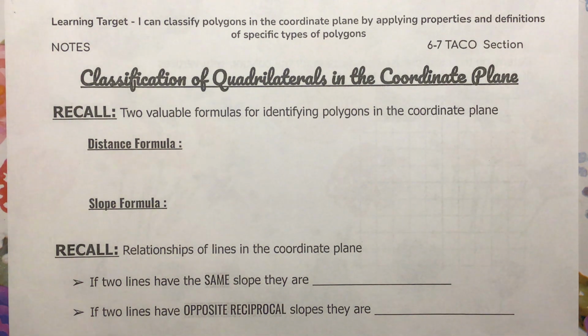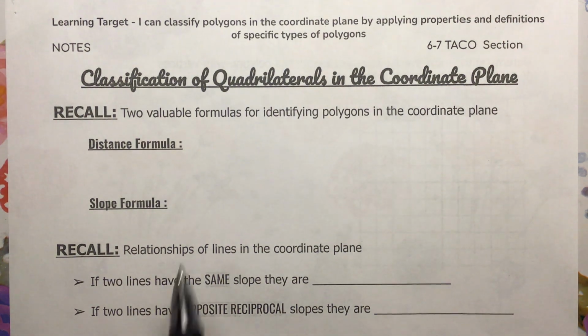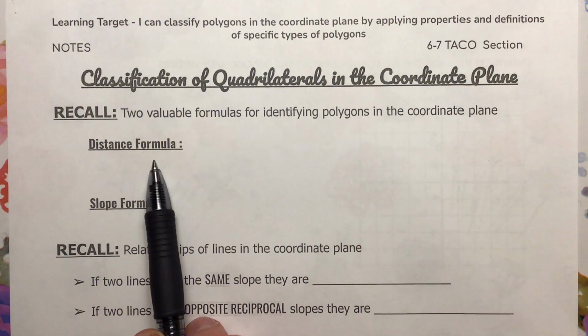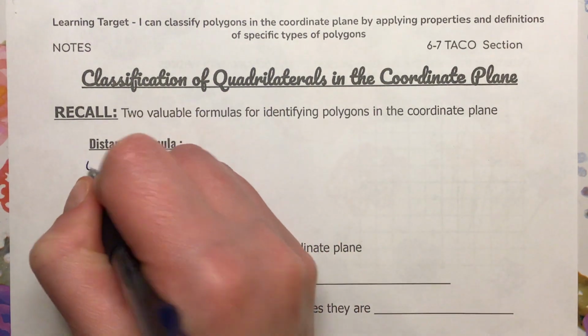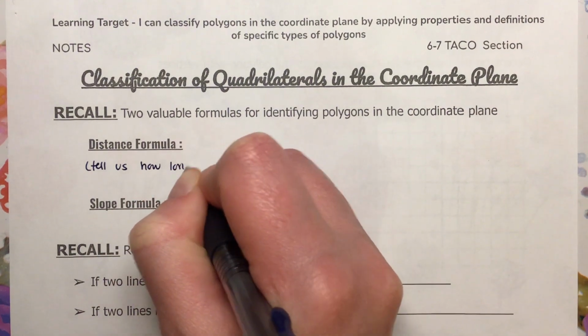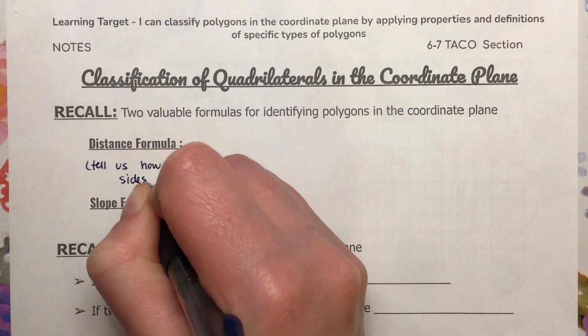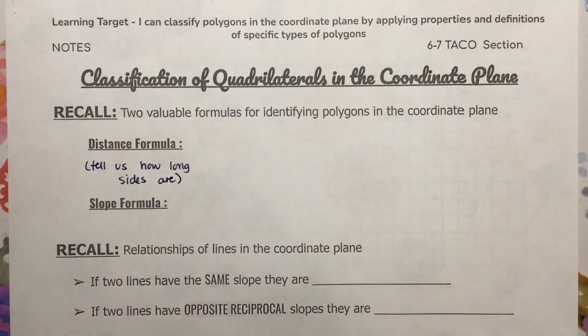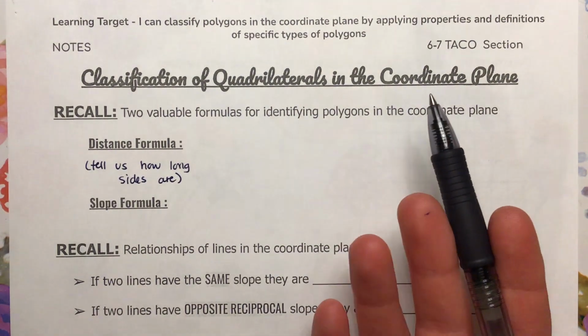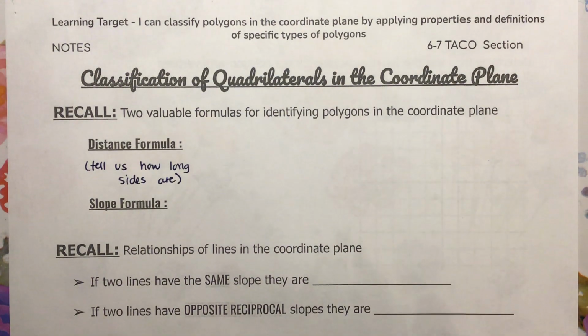So we're going to need to be applying quite a bit of algebra skills today. So I want for you to recall two valuable formulas. One valuable formula is the distance formula. And the reason this is helpful is because it's going to tell us how long sides are, which is pretty helpful because we know if two sides are congruent, that's going to be information for a particular type of shape.